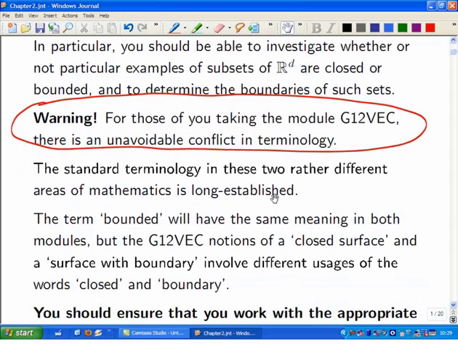But unfortunately, there's a notion of a closed surface and a surface with boundary, and those concepts don't quite fit with the notion of closed set that we're using in this module, or the boundary of a set that we're using in this module. So things can go wrong. There is a connection between them, but it's a slightly subtle connection, and you can easily get confused. So make sure you know which one you're using in which module.